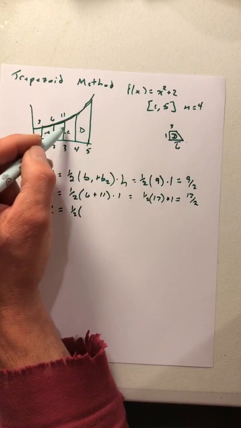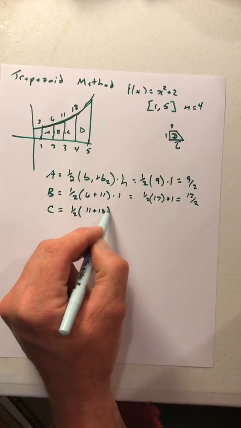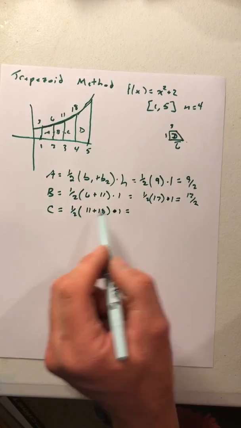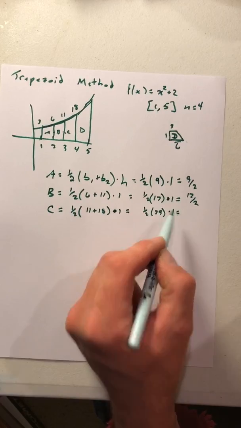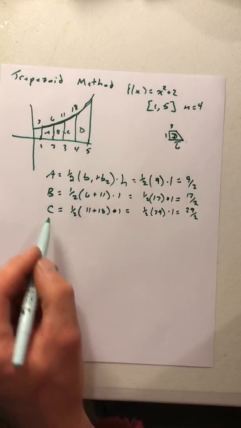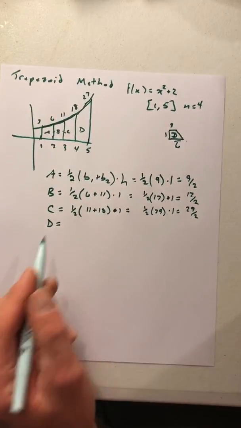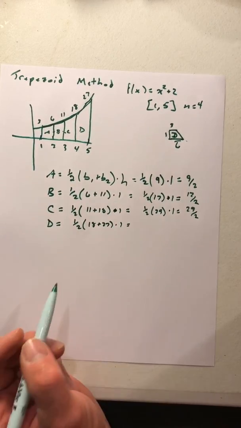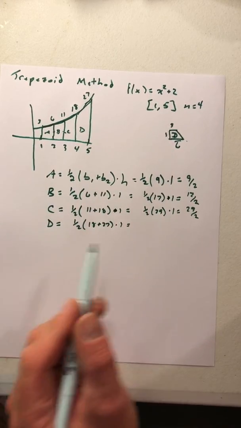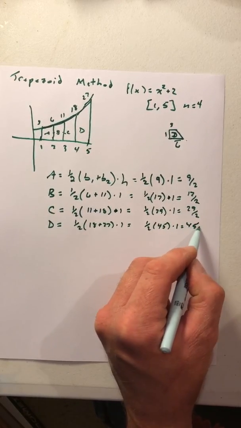My 2 bases are going to be the 2 heights again, or 11 and now 18, added together times 1. So that gives me 29, so 1/2 of 29 times 1, or 29/2. And finally, region D, I have 18, I have 27, so I have 1/2 of 18 plus 27 times 1. That gives me 45, so 1/2 of 45 times 1, or 45/2.